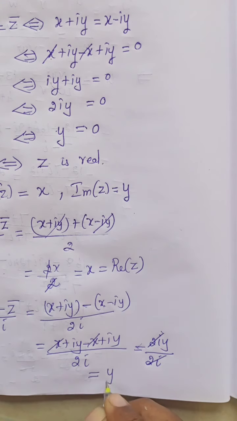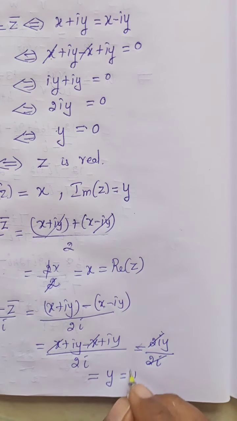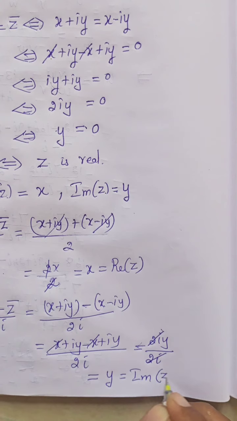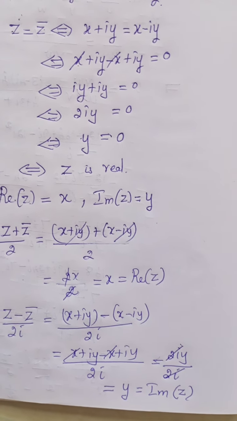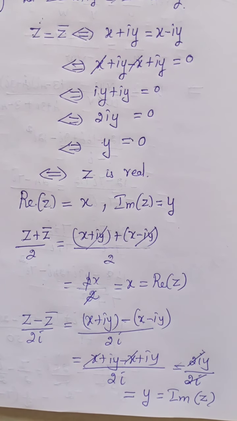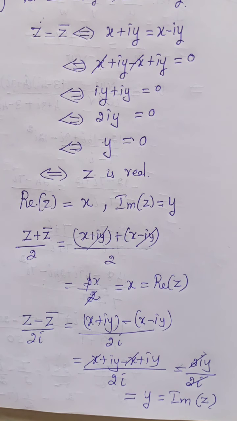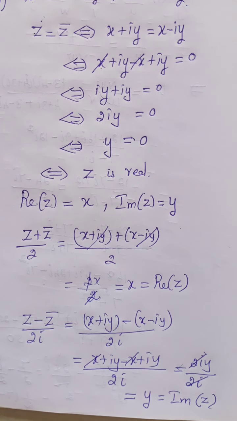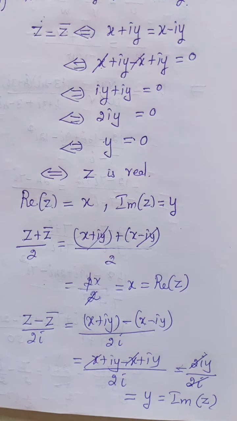So we have got only y. We know that y is equal to imaginary part of Z. Therefore, real part of Z is equal to (Z plus Z bar) divided by 2, and imaginary part of Z is equal to (Z minus Z bar) divided by 2i.